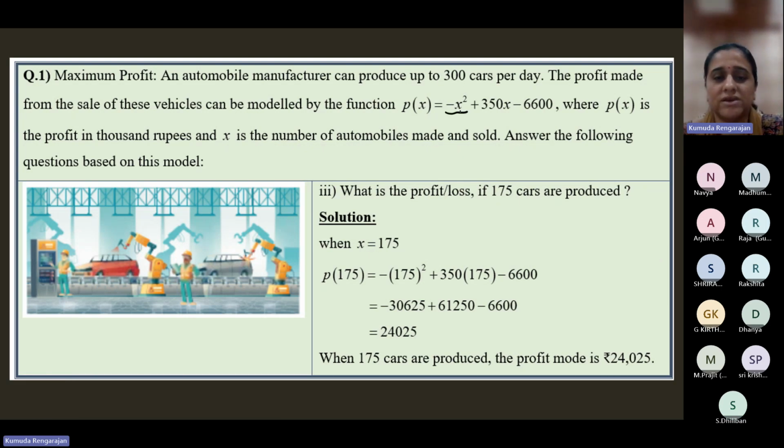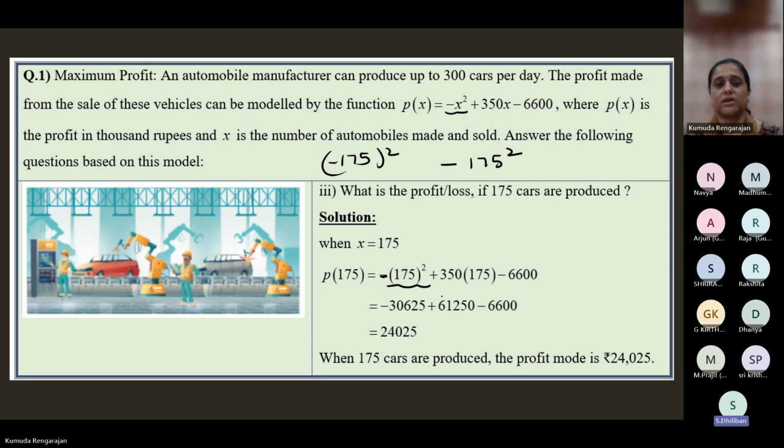You should not take this as minus 175 the whole square. It's not minus 175 the whole square. Wherever there is X, use 175. There is minus x squared, so 175 should be squared, and then put a minus sign. You can see from this, minus x squared is different from minus x the whole square.